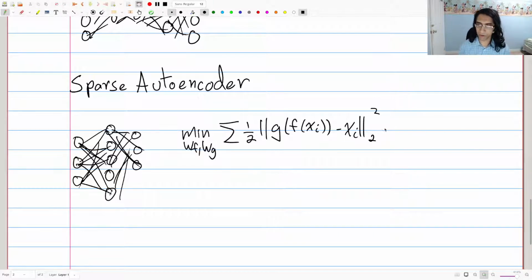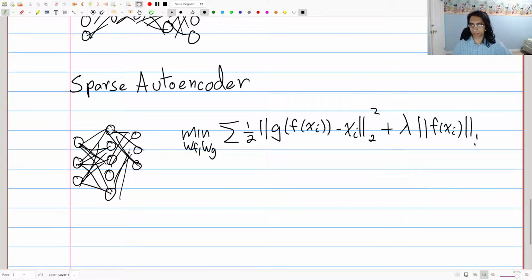But then we're also going to have a type of regularization penalty of f of xi in L1 norm. Now this should look familiar if you think back to the beginning of this course, where we wanted to penalize a linear regression solution in order to make the parameter vector sparse, that is, have mostly zeros.